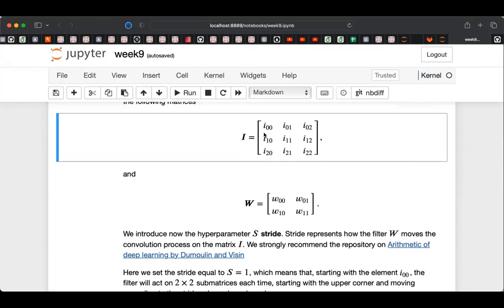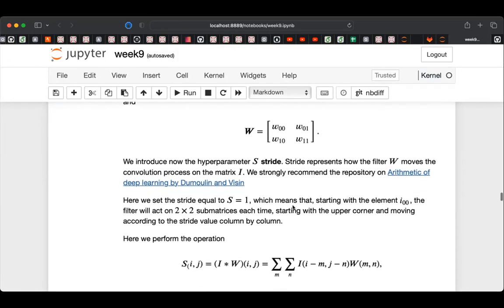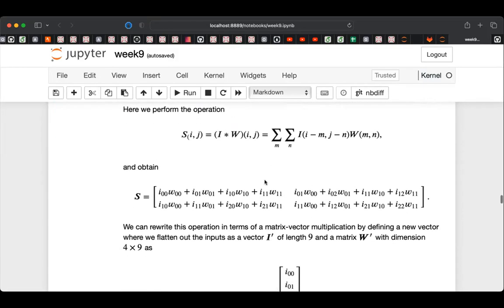But it means that the first matrix element for the new filtered matrix, which is going to be a 2x2 matrix, is then given by I00 multiplied with W00, I01 multiplied with W01, etc. And you're going to get a matrix which is going to look like this. So this is my filtered output by the process of convolution.